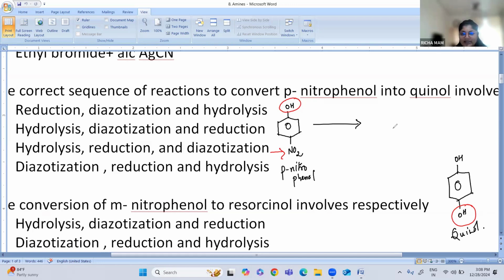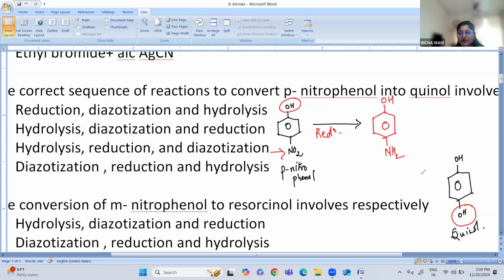So first, I do reduction of nitro to NH2. What is reduction? Addition of hydrogen, removal of oxygen. So I am going to get an NH2.